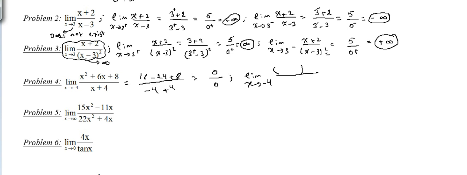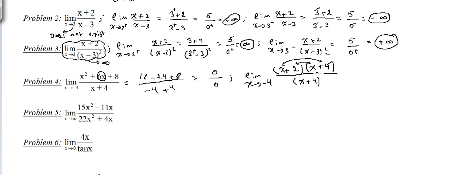How? We can factorize the x squared plus 6x plus 8 by guess and check, or we can do it in another way. We will do it also in separate videos next time. Plus 8 is plus 2 times plus 4, so if we have to check, multiply the plus 4x and the plus 2x, the extremes and the means, it gives me plus 6x, which is in the middle, over x plus 4.